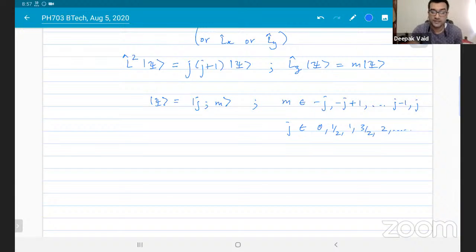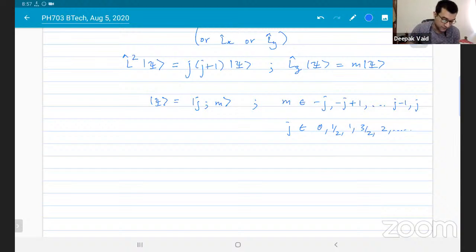You can assume that the states of the outermost electrons in a complicated atom like uranium or rubidium can be written as a linear combination of the basic elementary orbitals, and those orbitals are classified according to the angular momentum, and then within that angular momentum by the Z component.